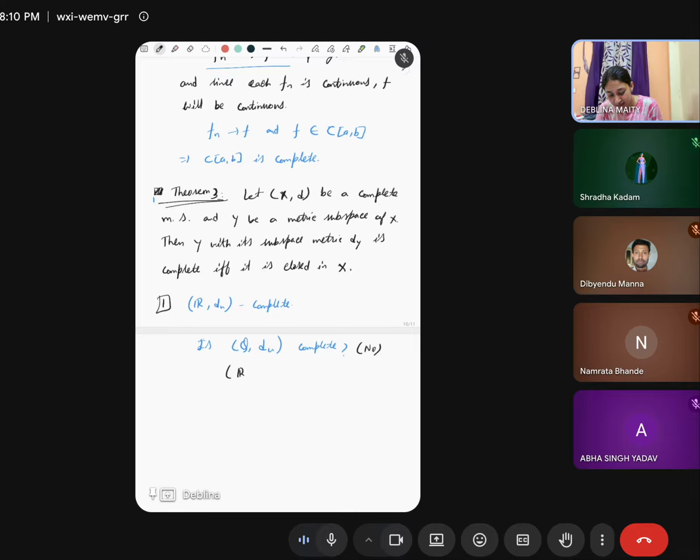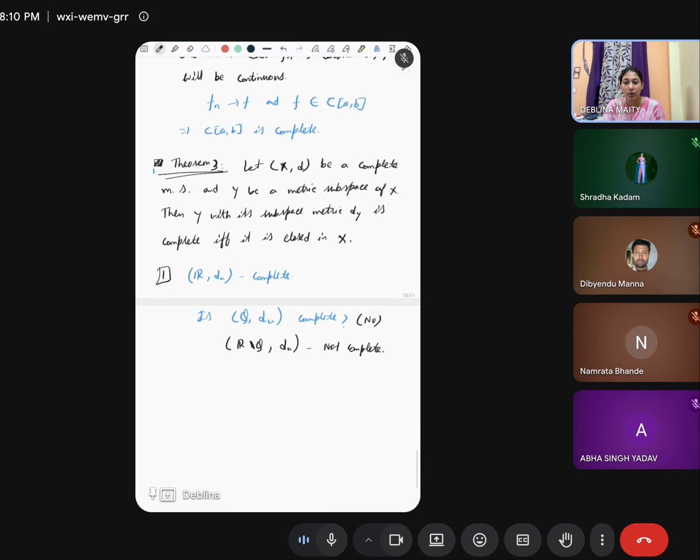Similarly, R minus Q, the set of all irrationals with this metric, is also not complete. Why? Because it is not closed in R. It is not closed in the whole space. So that's why it is not complete.